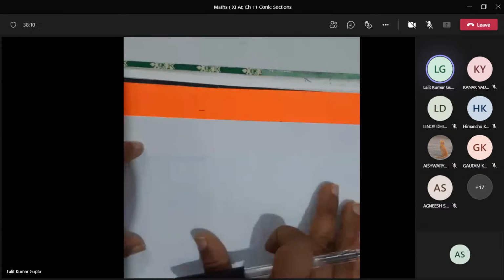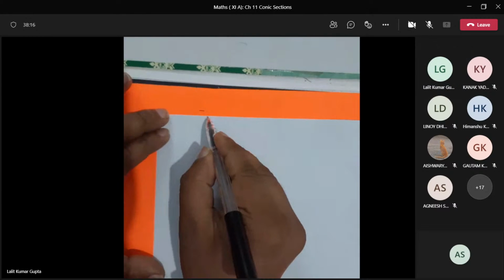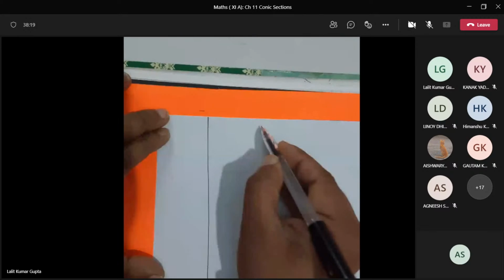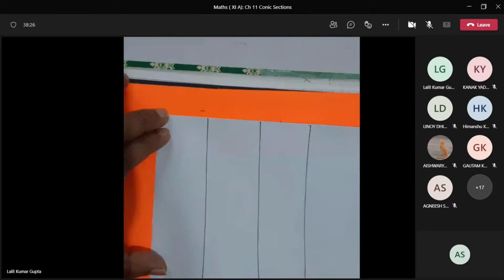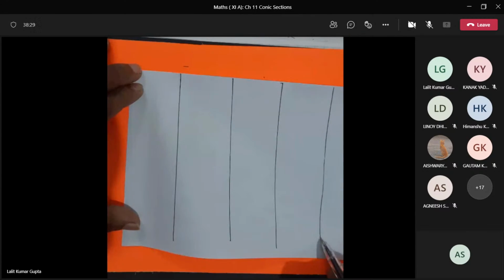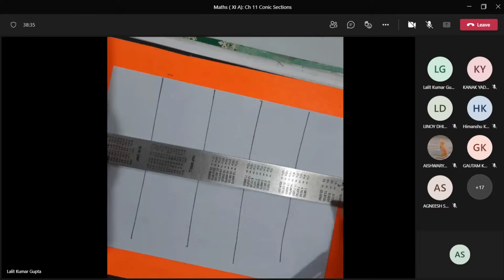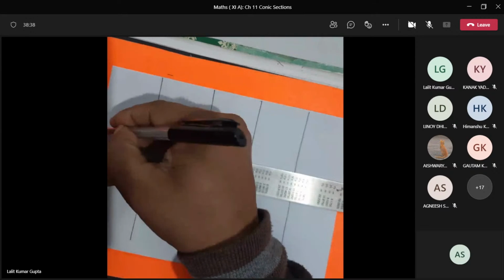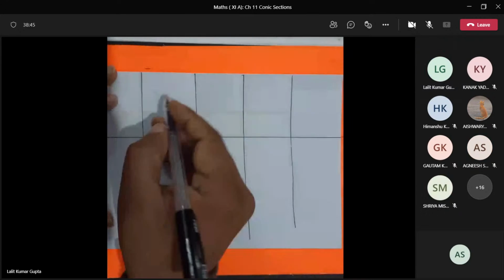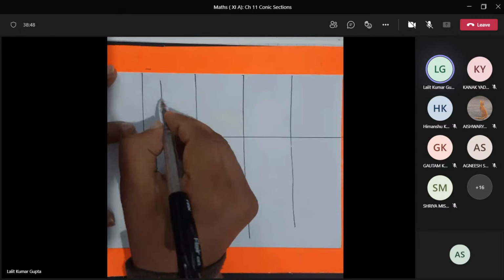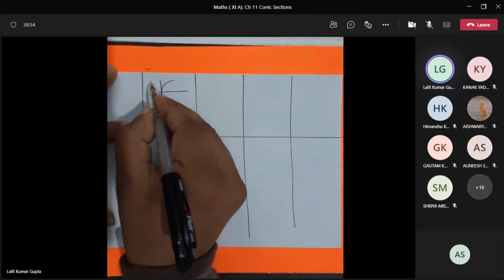See, the first parabola I have given you is this one whose vertex is at the origin, and this is the fixed line.